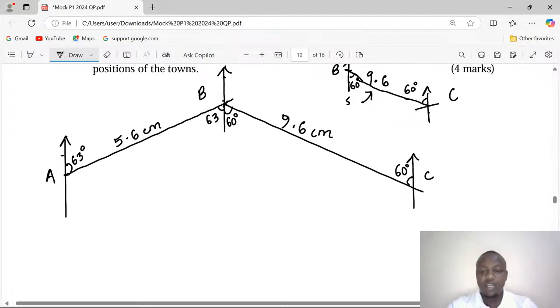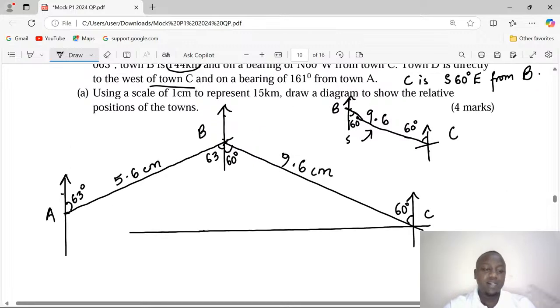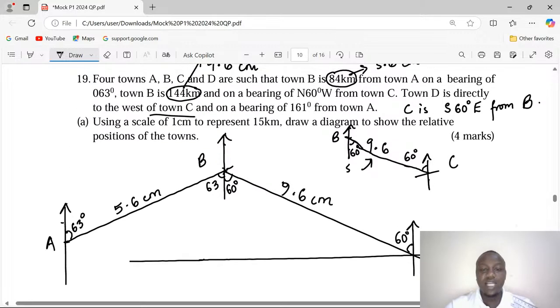So we're going to use 90 degrees from C. You just move horizontally towards the left, like that. That one is not limited, so you can move and move. But this one omits something else. We have more instructions.